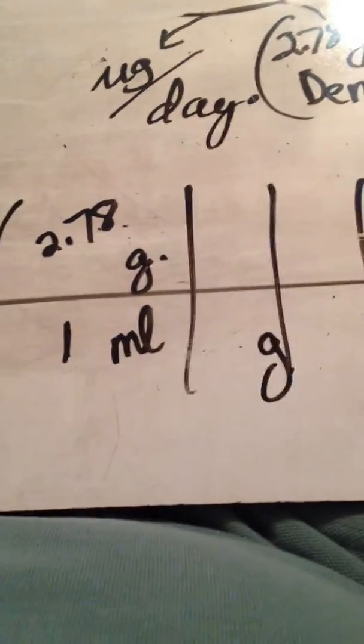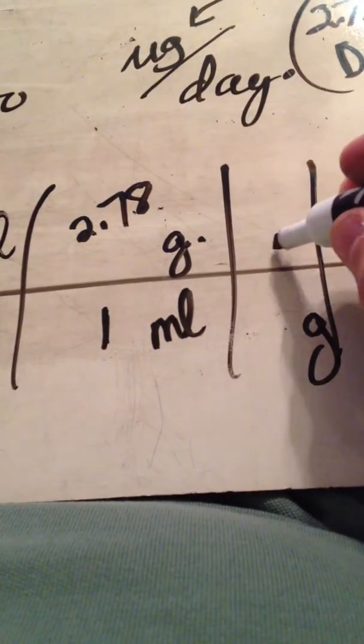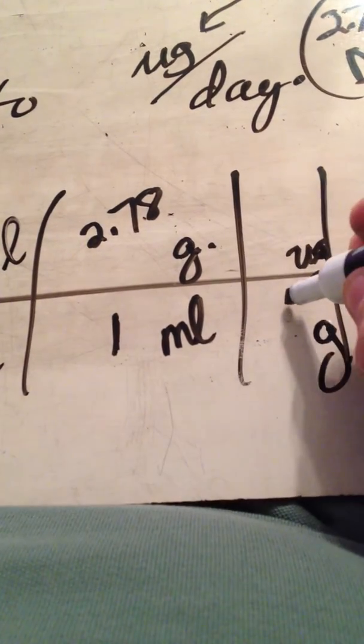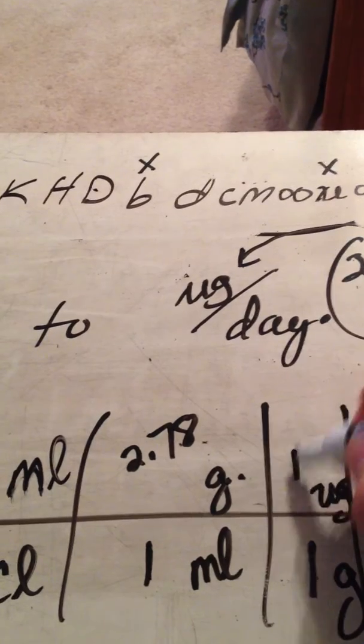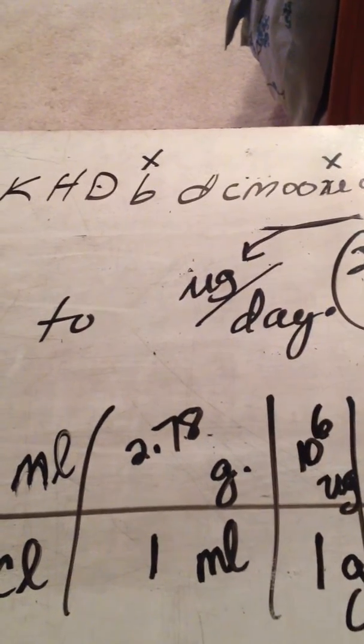So that's going to be very easy when we continue on. Now we know that grams are at the top. We're going to put grams down at the bottom. And my conversion from grams to micrograms will be 1 for my grams, which is the big one, and micrograms, which again is 10 to the 6.